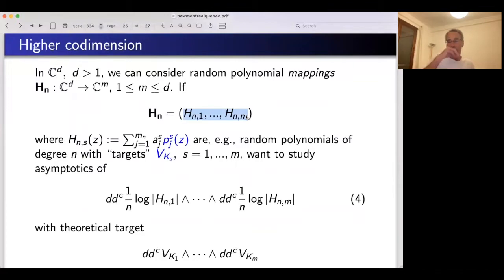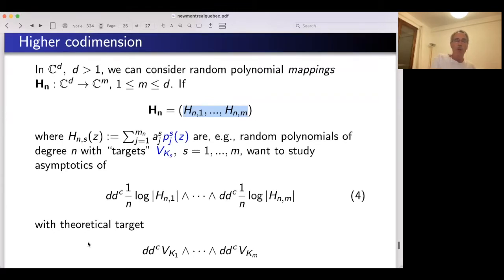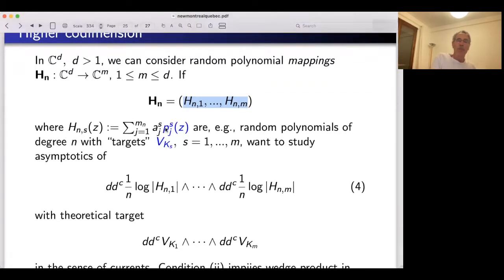So this would be a higher codimension algebraic surface in C^d. In this case, the corresponding basis polynomials for each of these component random polynomials could come from different bases related to some other compact set.